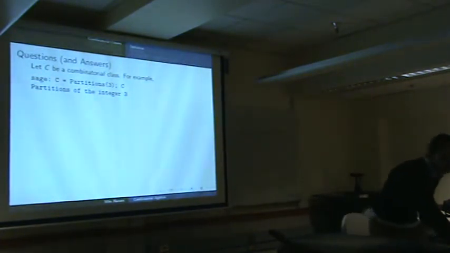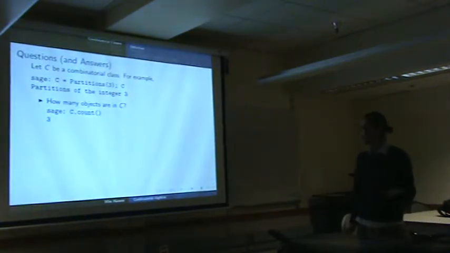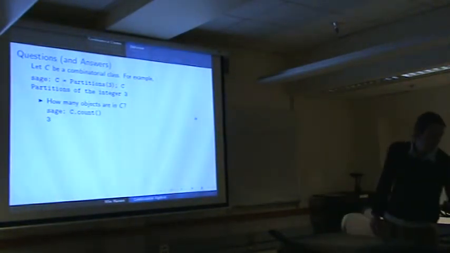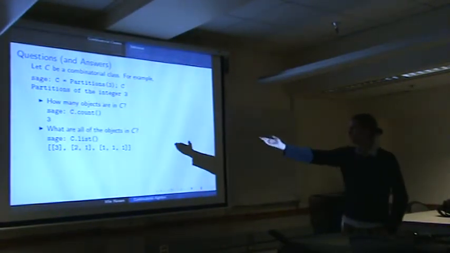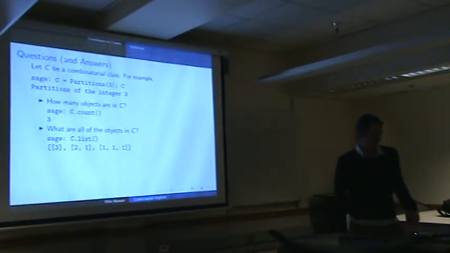What might we ask about this class? We could ask how many objects are in it, and for the partitions of 3, there are 3 of them. Or what are all the objects in this class? You can call c.list and get a list of all the objects.